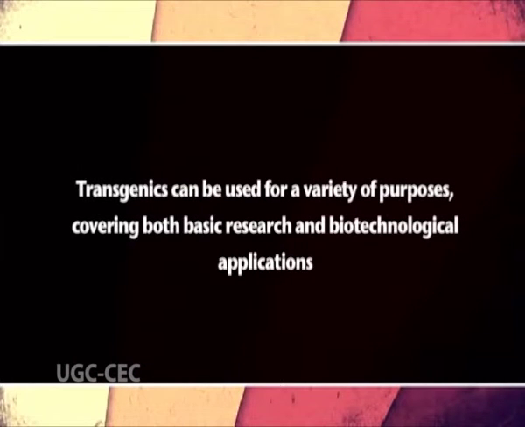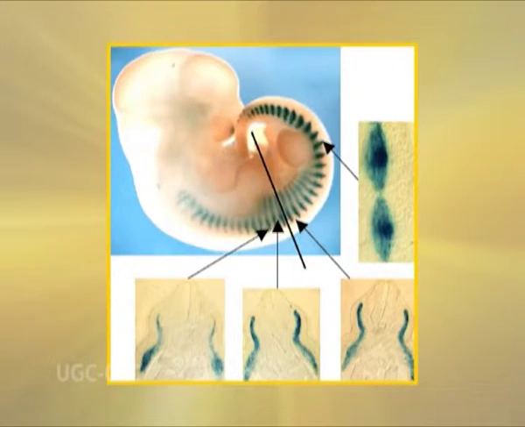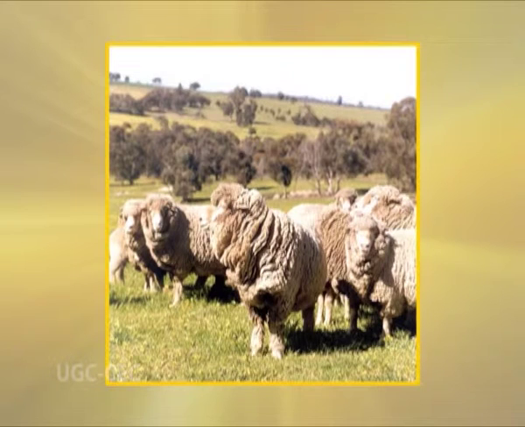Transgenics can be used for a variety of purposes covering both basic research and biotechnological applications. The study of embryological development has been extended by the ability to introduce genes into eggs or early embryos, and there is scope for manipulation of farm animals by the incorporation of desirable traits via transgenesis.